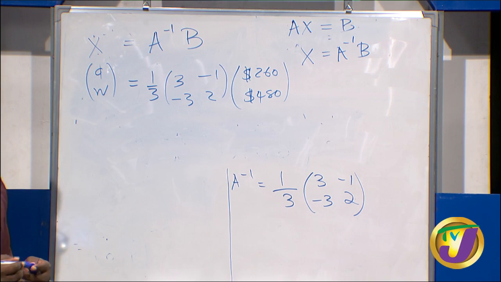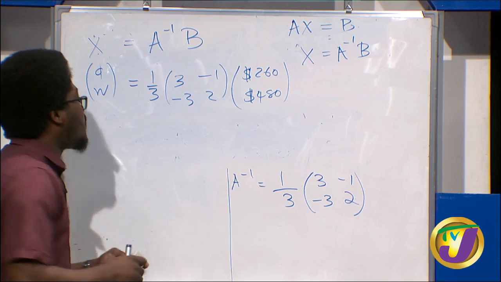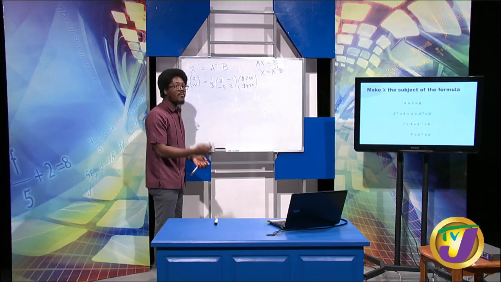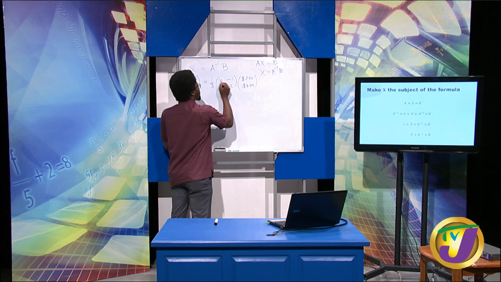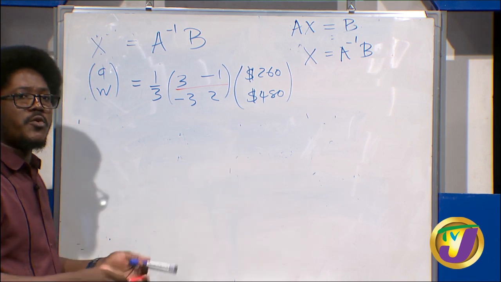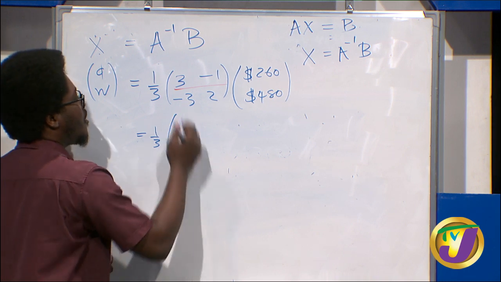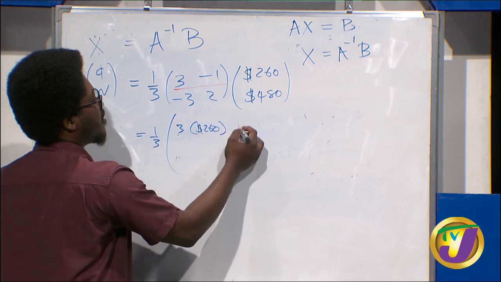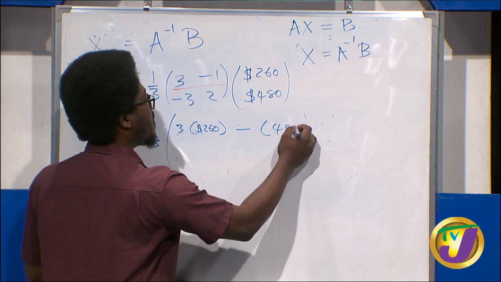All right. So going forward now, the first thing that we are going to do in simplifying this problem, remember, in multiplying, it is row by column. So we say the first row, and in the second matrix, it's only one column. So it's just the first row by that column. So we are going to have 1/3 of 3 times $260 minus $480.